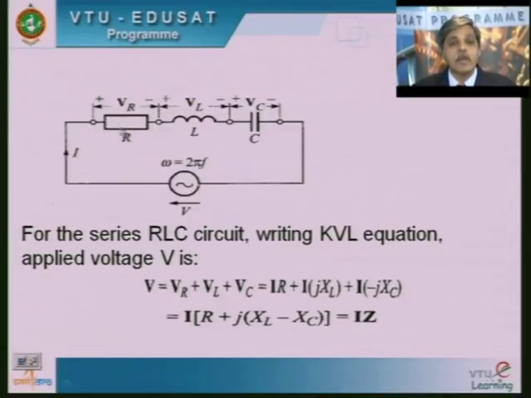So in the case of passive elements, the current flow will always be from higher potential to lower potential. When I am moving from higher potential to lower potential, there is a decrease in the potential. That is why we say VR, the voltage across the resistor, which is equal to I into R, is the potential drop. Now the same current after coming out of the resistor is flowing through the inductor.